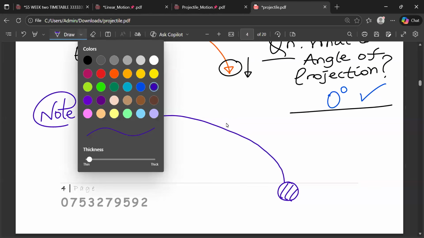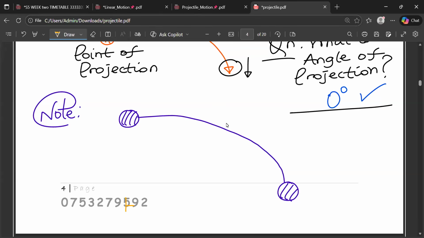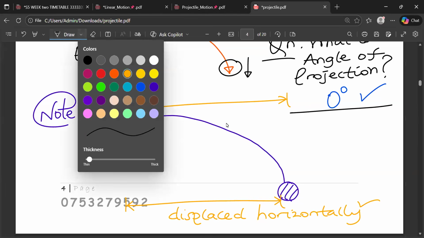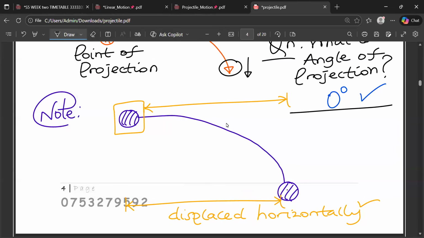What does that mean? That means that this ball has been displaced. That one shows horizontal displacement. So I can say that my ball has been displaced horizontally, because you can see this is where it was, but look at where it is now. So it has been displaced through some distance, but it is horizontal. Then if you have keen eyesight as well, you can see that this is where the ball was, but it's now here. So it has also been what? Displaced vertically. So both things are happening to the ball.